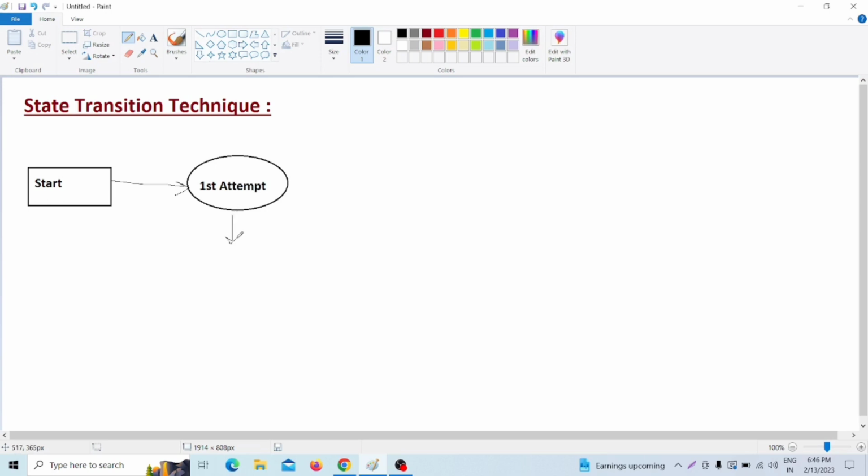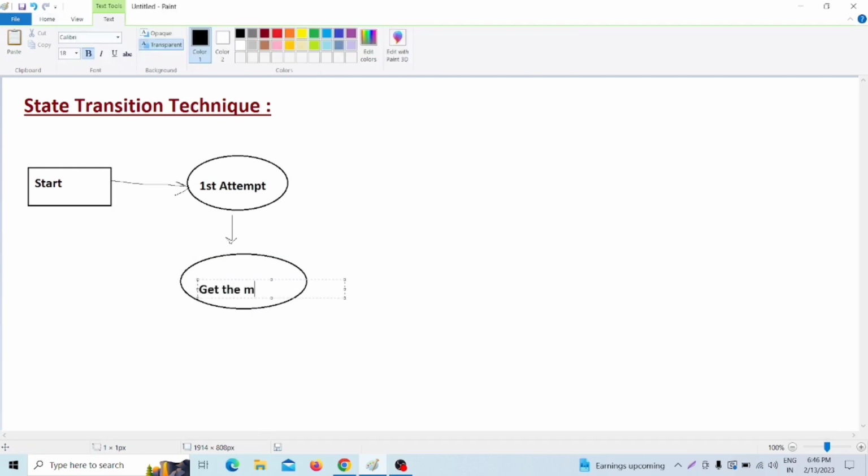That is the logic. If we put the correct PIN number, then we get the money.